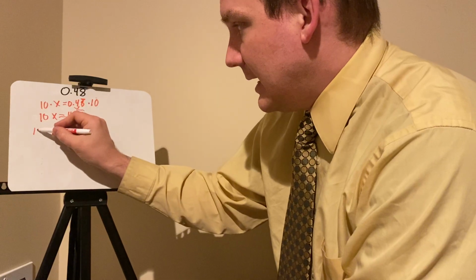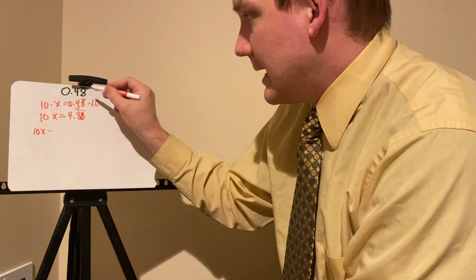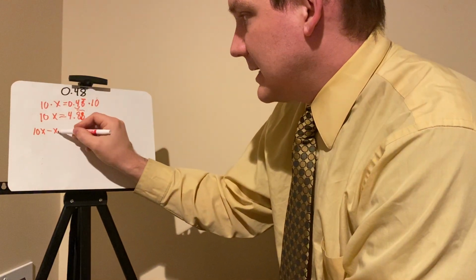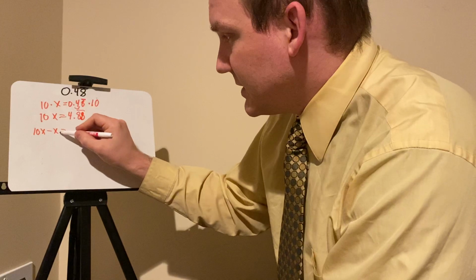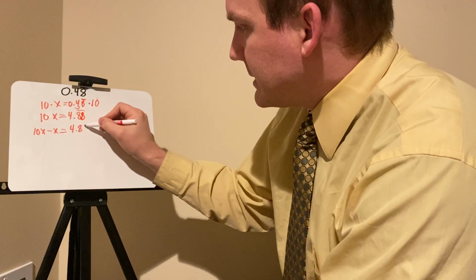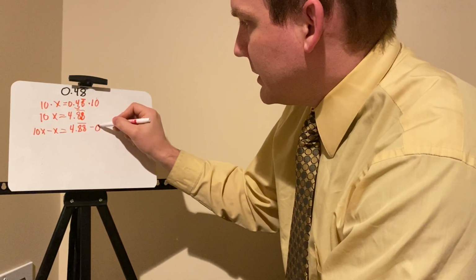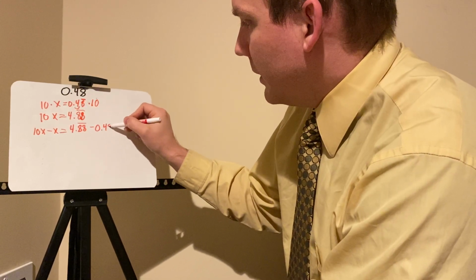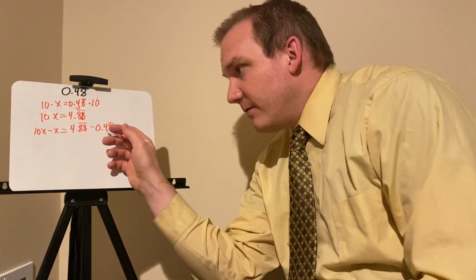So I would do 10x minus x, and x in this case is equal to 0.48. So watch how I do this, because this is where it gets different here. 4.88 repeating minus 0.48 repeating. Now this is different because in x, the 4 isn't repeating.